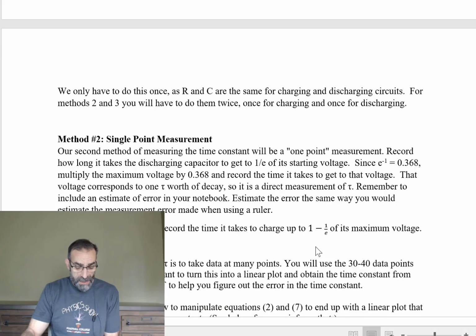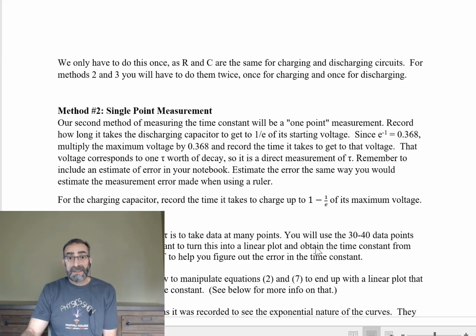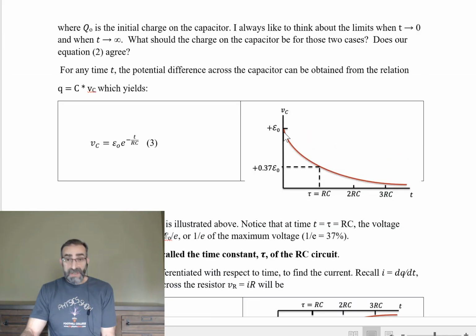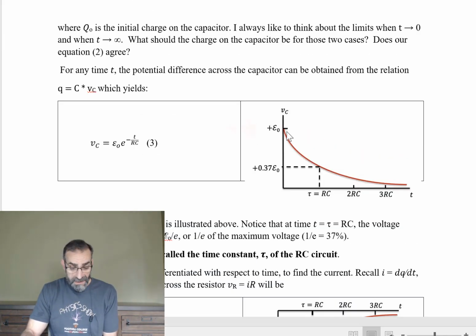Then you're going to do what I call the single point method. You're going to just do the calculation here. You know what voltage you're starting with, your starting voltage, the maximum voltage on your capacitor when it discharges. And so you're going to multiply that by 1 over e and just advance the video until you get to the time when the voltmeter reads that new calculated voltage, 1 over e times the maximum, and record that time.